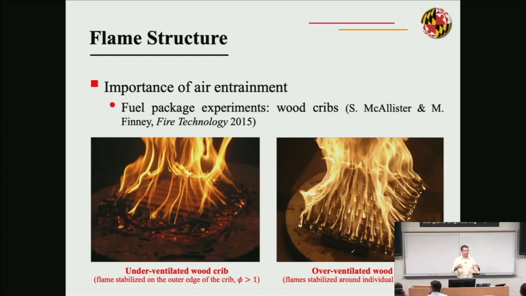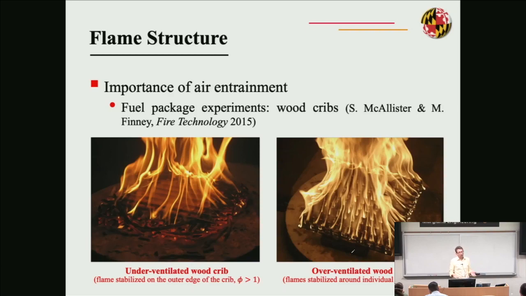And this amount of air for the amount of fuel inside of the wood crib is not enough, so this fire is actually underventilated, which means that the flame is sitting on the edges of the wood crib, because the flame is always going to stabilize close to the stream of the deficient reactant. So if the flame requires more oxygen, it's going to look for it. We all do that in our lives. We always look for what we are missing. And so the flame is going to look for the oxygen and stabilize on the edges of the wood crib. That's the picture on the left.